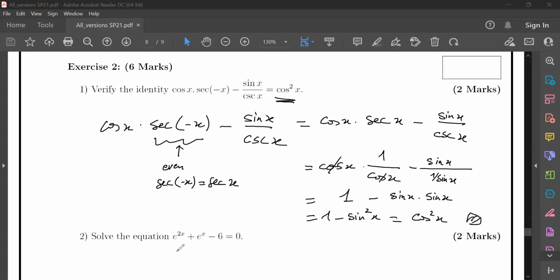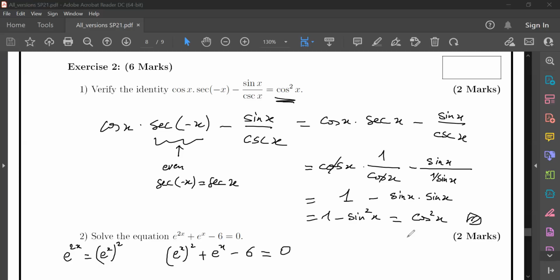Exponential equation. The first step is to write exponential of 2x as exponential x all squared. It's a property of exponentials. So we get a quadratic equation in exponential x.